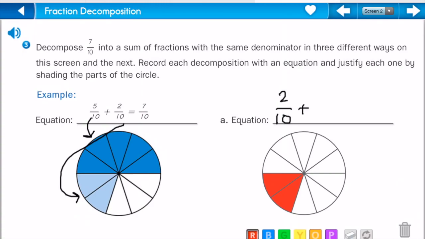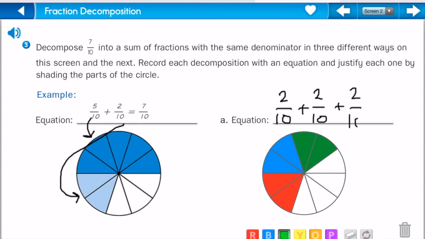I'm going to use blue to show another 2/10. I'm going to use green to show another 2/10. So right now, altogether, I have 6/10 because 2 plus 2 plus 2 equals 6.